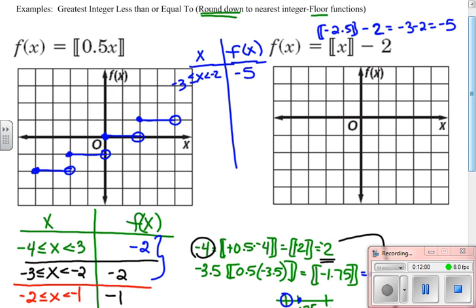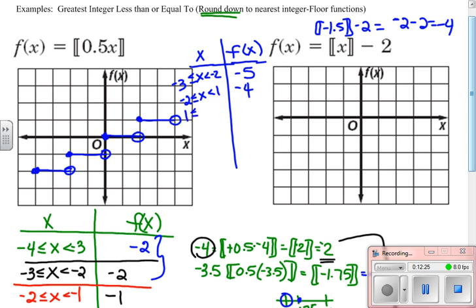If I look at my next interval of negative 2 less than or equal to x less than 1, and I pick negative 1.5 to see how it behaves, so that's the value of negative 1.5 minus 2, which is going to be negative 2 minus 2, which is negative 4.